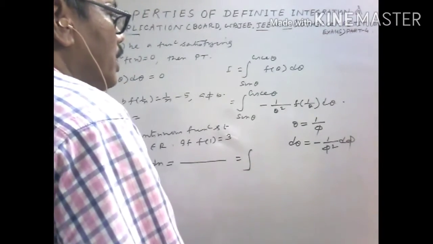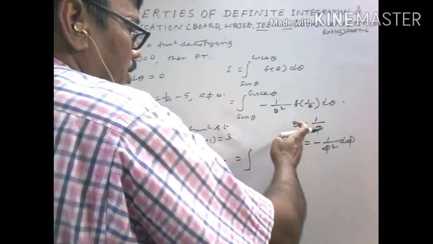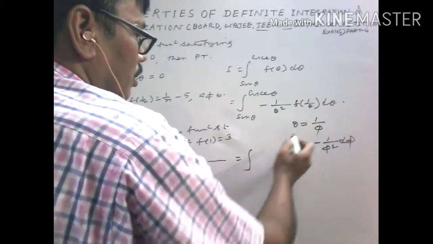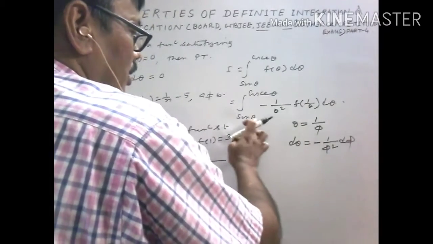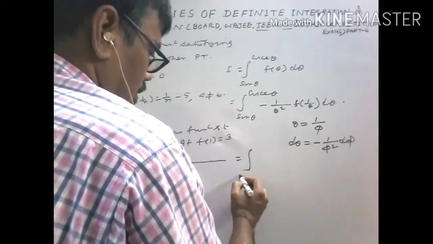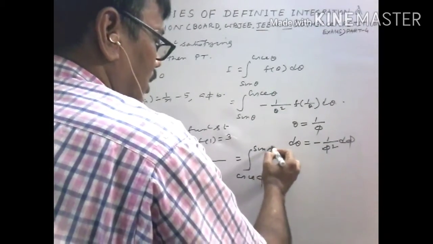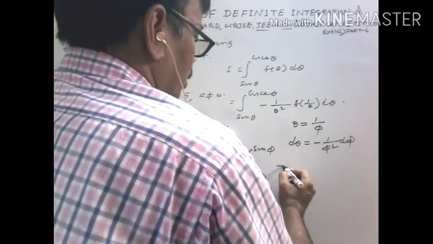So change of limit. Sin theta becomes cosec phi, and the reciprocal cosec theta becomes sin phi.